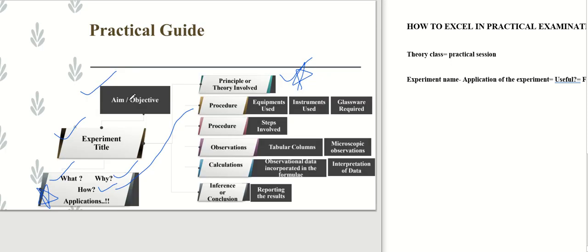And the next one is the procedure. What do we need to include in the procedure? The main thing, whenever you come across any experiment, you should be able to know what equipment we are going to use, what instruments we are going to use, and what glassware we are going to use. There would be special glassware for a few experiments that we need to know.